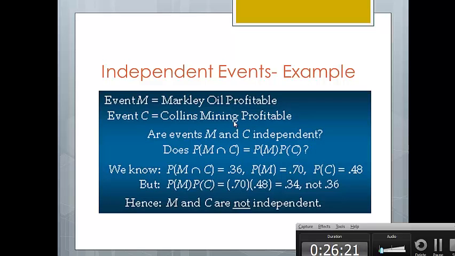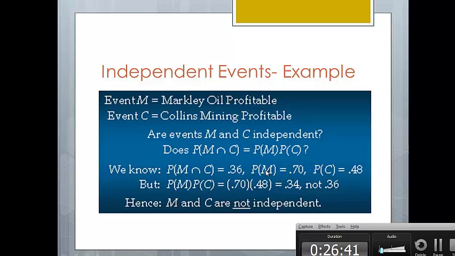So here we're looking at independent events. Let's see, are these two independent? Well, they would be independent if the intersection is equal to the probability of Markley Oil being profitable times the probability that Collins Mining is profitable. We know that that intersection is equal to 36%.